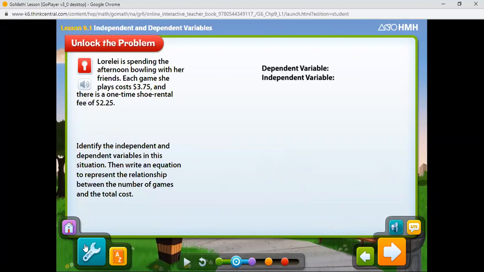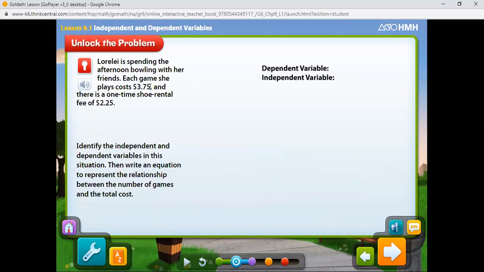But they said each game is $3.75. So when she plays 2 games, that's $3.75 again. Again, if she plays the third game, that is again an extra $3.75. So here, which is the dependent variable and which is the independent variable?